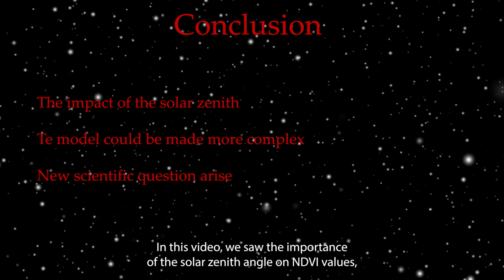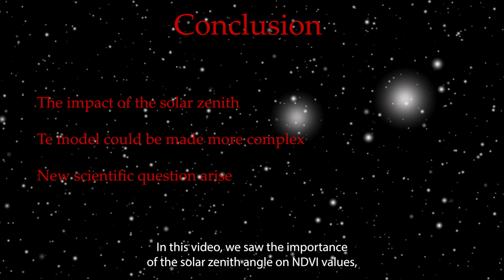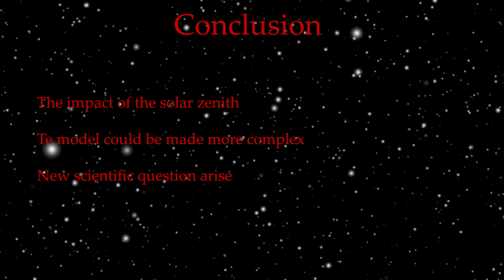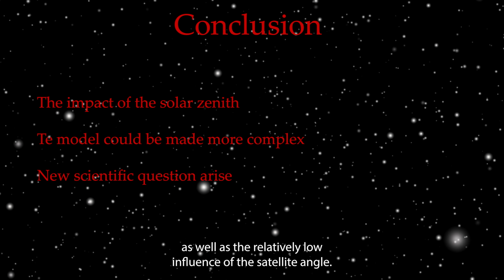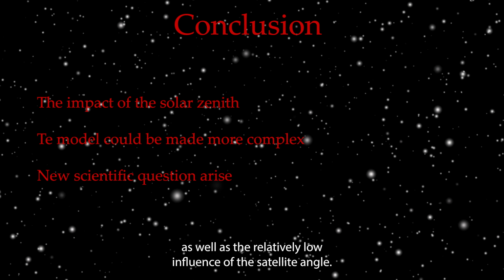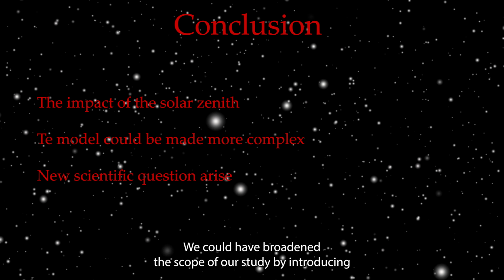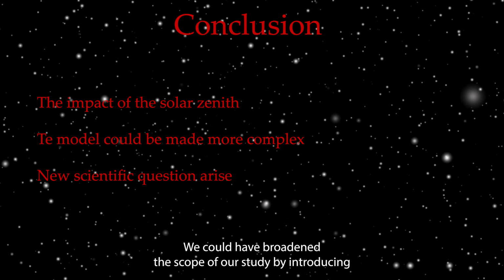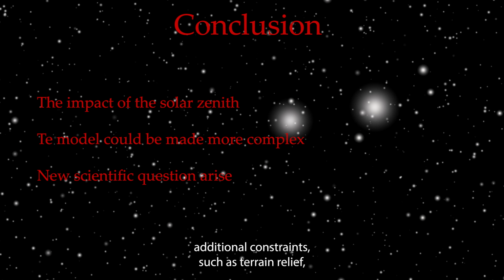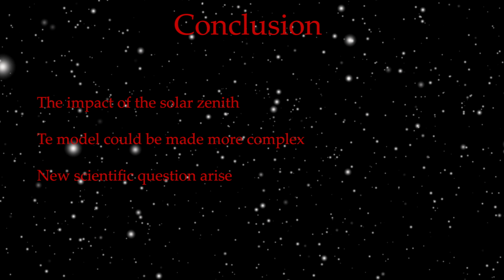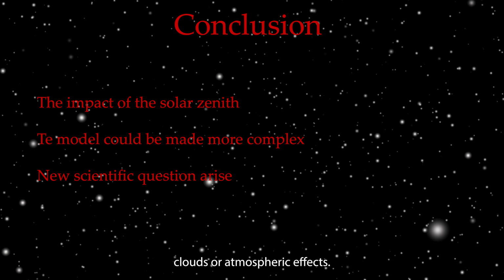In this video, we saw the importance of the solar zenith angle on NDVI values, as well as the relatively low influence of the satellite's angle. We could have broadened the scope of our study by introducing additional constraints such as terrain relief, clouds, or atmospheric effects.